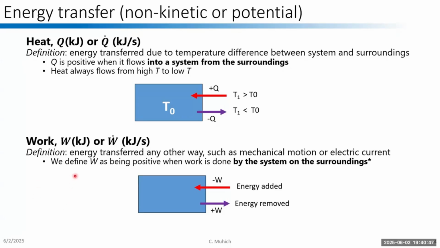We define W as positive when work is done by the system on the surroundings. So W is positive when energy moves out of that system. And work is negative when the surroundings put energy into our system.